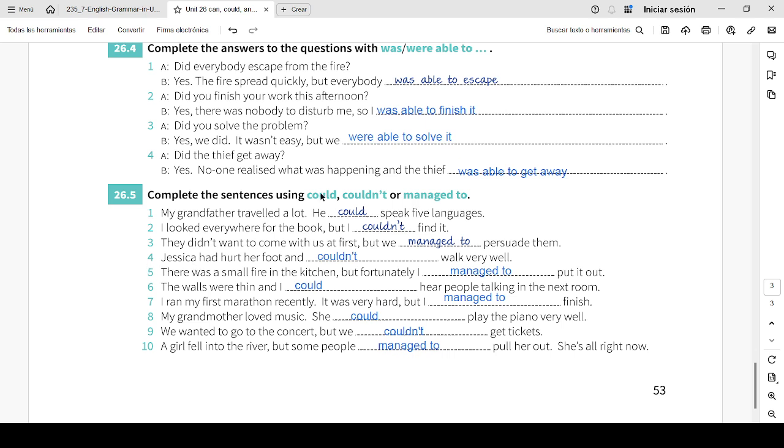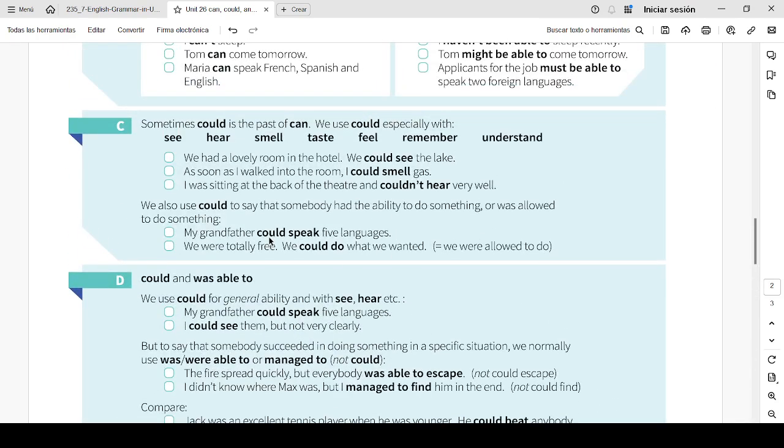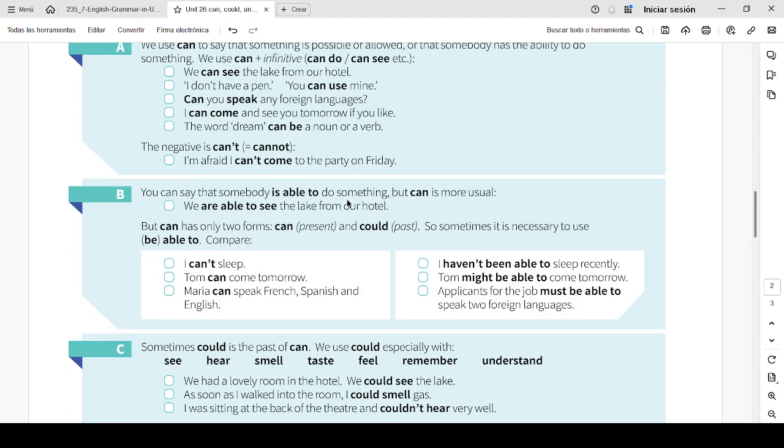So sorry. The first one expresses ability, but in the past, right? The second one expresses that a task has success, but in this case no success, right? But it's not ability. Let's check the grammar section. Let me show you.